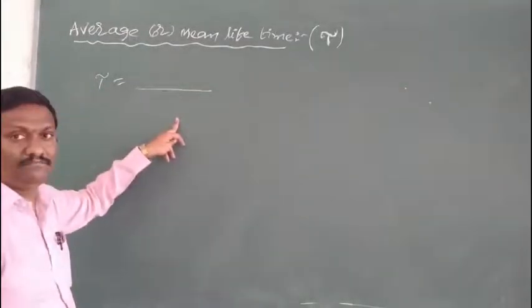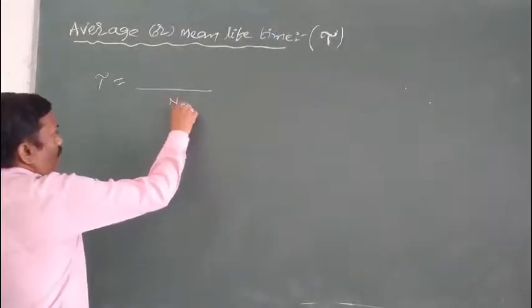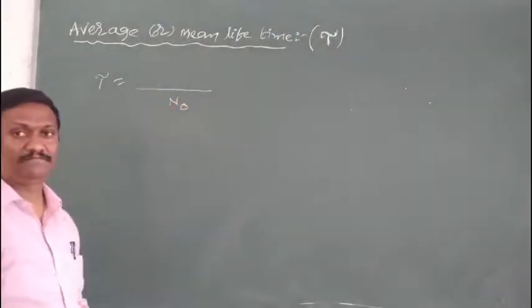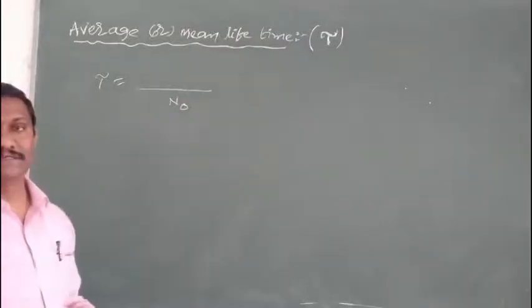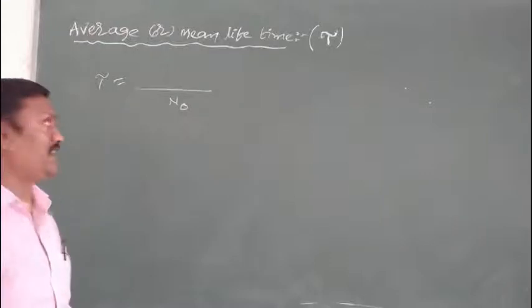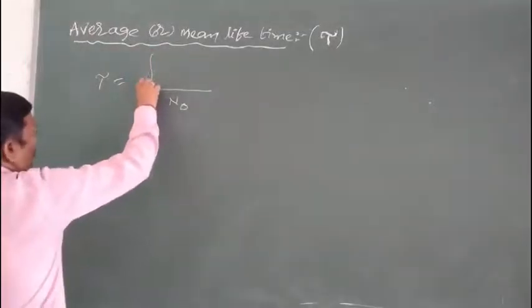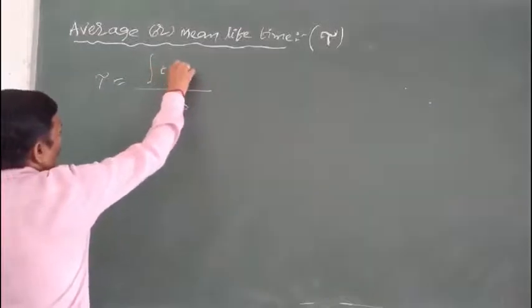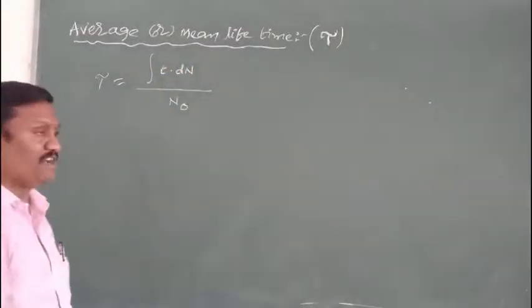Assume one radioactive substance consisting of N0 initial number of atoms. The numerator is the total lifetime of all atoms, which means the integral of t into dN. Every integration has some limits.